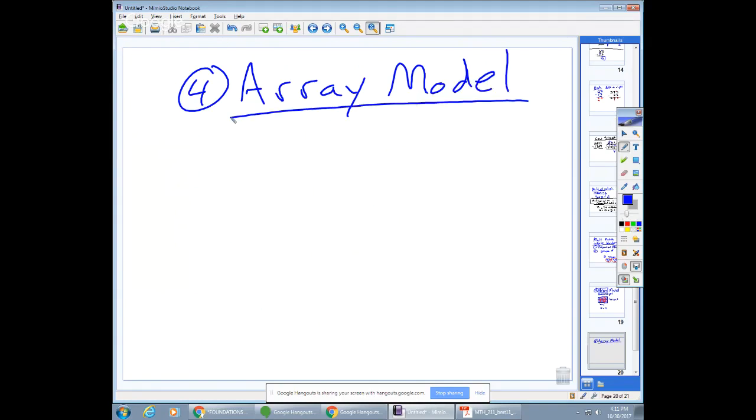Does anybody happen to know what an array is off the top of their head? Any takers on that one? An array is just a grid of stuff. So, for example, to show 3 times 2 for the array model, it's kind of like working with sets, but I have things line up really nice.